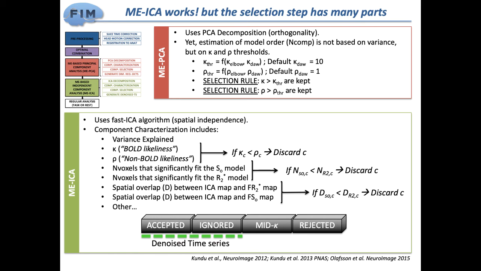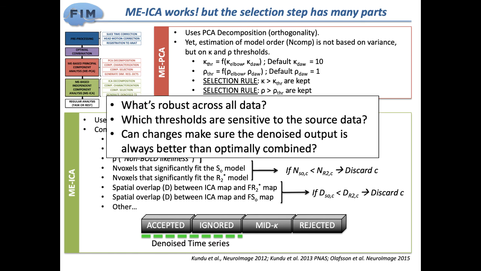Over time, what's come out is that the decisions made are good, but they work better on some data sets than others. And there are still some open questions on this. Which of these decisions are robust against any data you can throw at it is an open question. Which of these thresholds are sensitive to the source of the data?